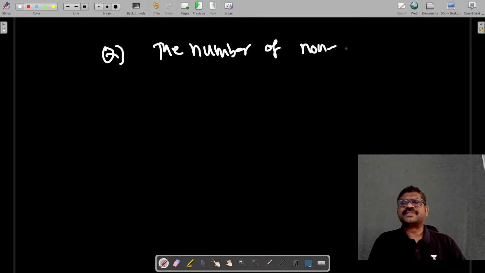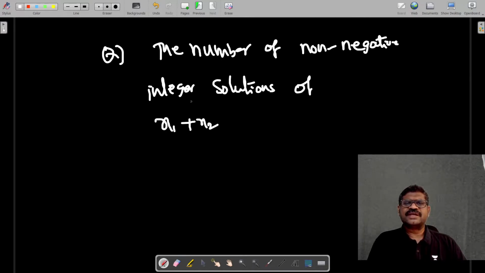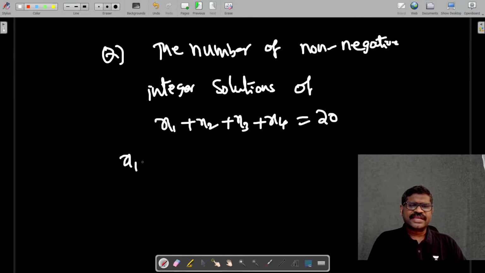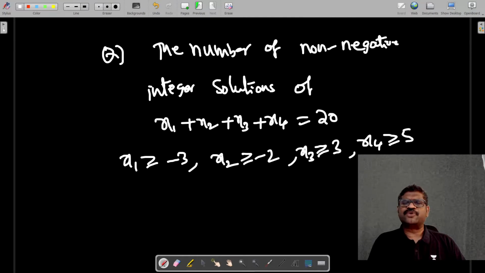The number of non-negative integer solutions of x1 plus x2 plus x3 plus x4 equal to 20, where x1 greater than or equal to minus 3, x2 greater than or equal to minus 2, x3 greater than or equal to 3, x4 greater than or equal to 5.